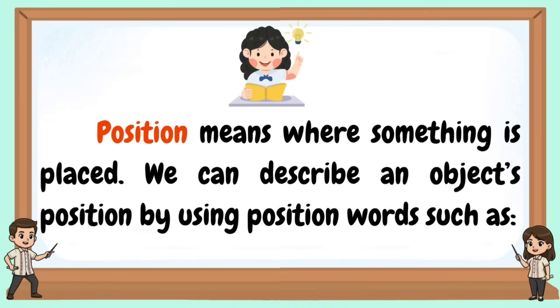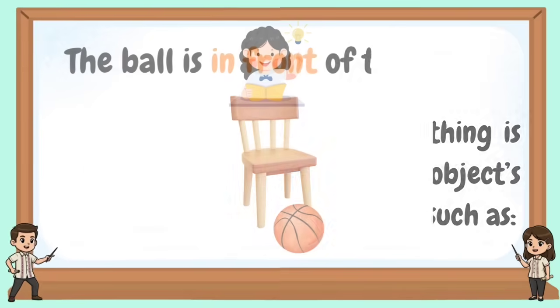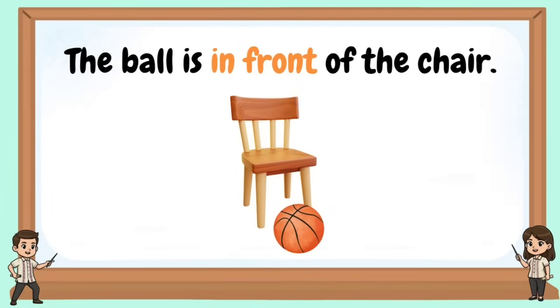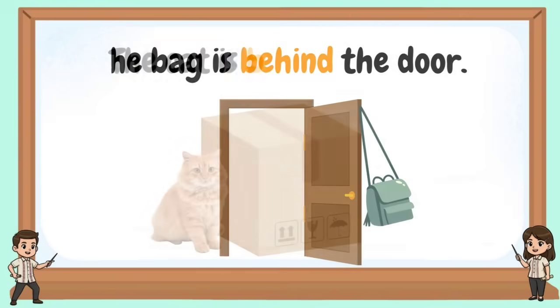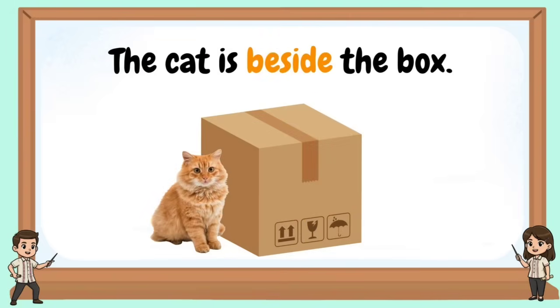We can describe an object's position by using position words such as, the ball is in front of the chair. The bag is behind the door. The cat is beside the box.